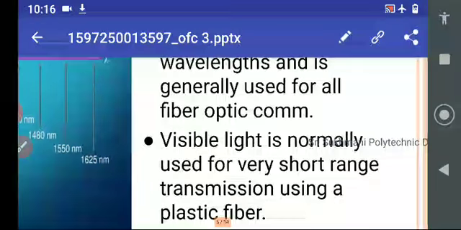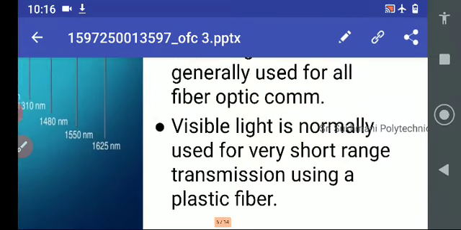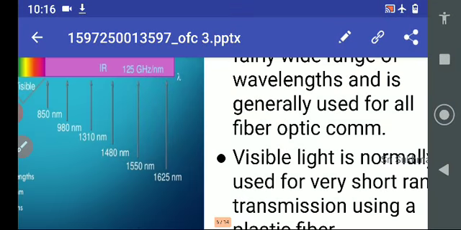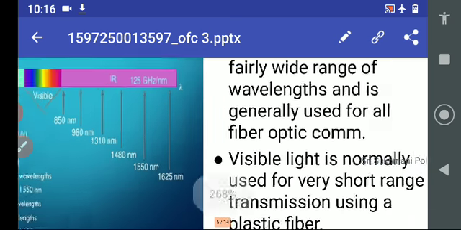The visible light is normally used for short range transmission, and for that we are using plastic fiber. But IR, which has the wavelength from 850 nanometer to 1625 nanometers, is useful for long distance optical communication. Okay, is it clear?